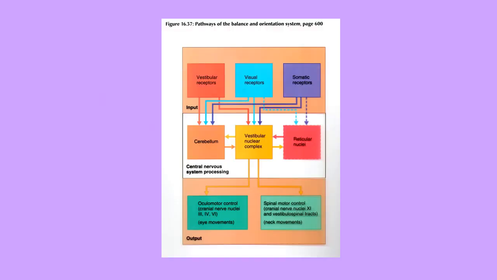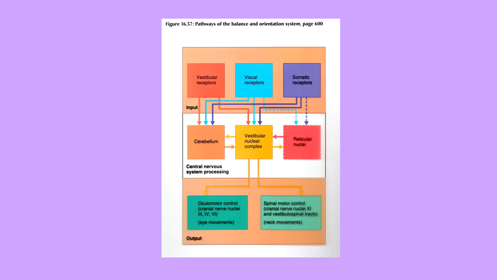In order to maintain balance, obviously it's associated with equilibrium, and there are several different factors involved working together here. So you have the receptors in the inner ear being stimulated, noticing the positioning of the head relative to gravity, relative to the rest of the body.